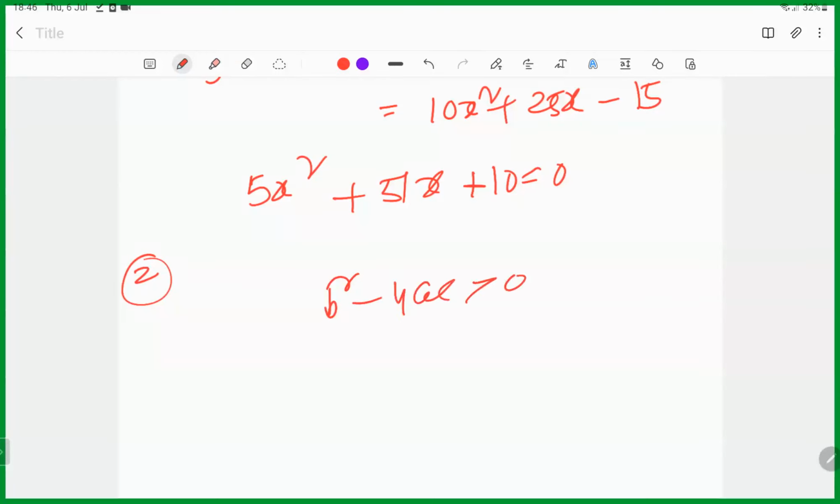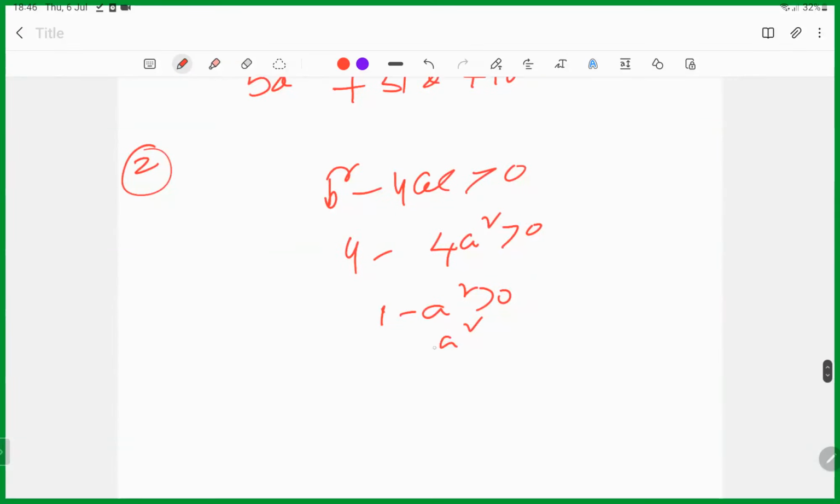Okay, so what's the b here? 4 minus 4a square. 1 minus a square must be greater than 0. 1 must be greater than a square. So it implies a must be... has two distinct roots.